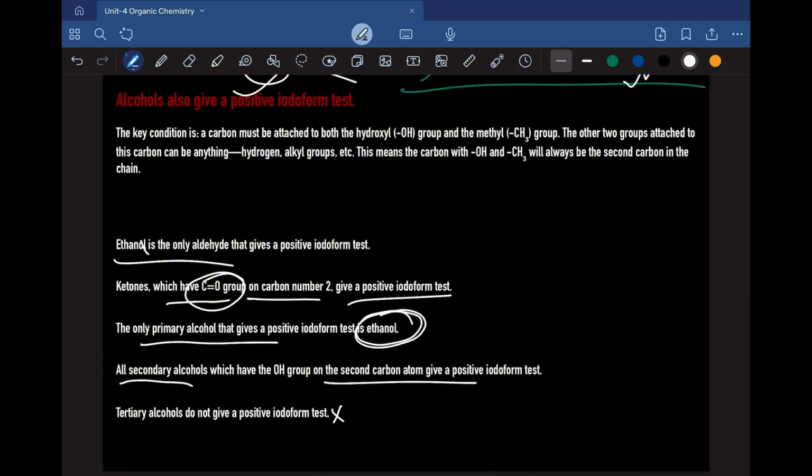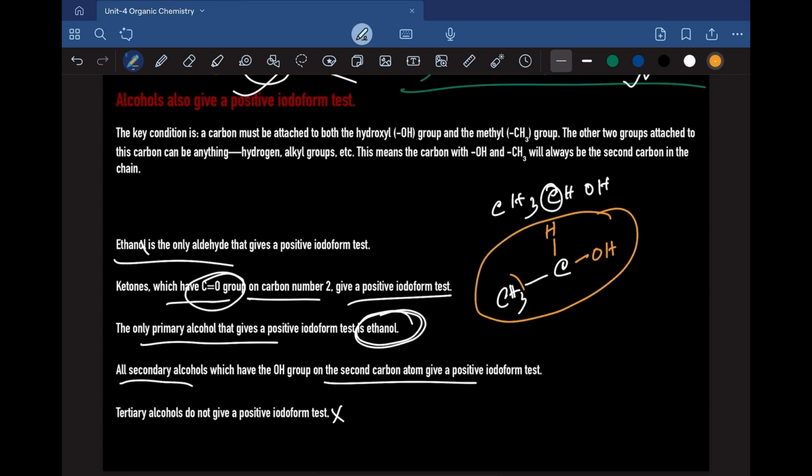So the main criterion for alcohols to give positive iodoform test is they must have a structure like this: CH3, CH, and OH. So that means this carbon atom should be bonded with one methyl group and one hydroxyl group.